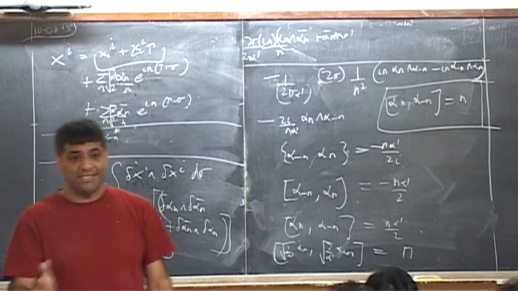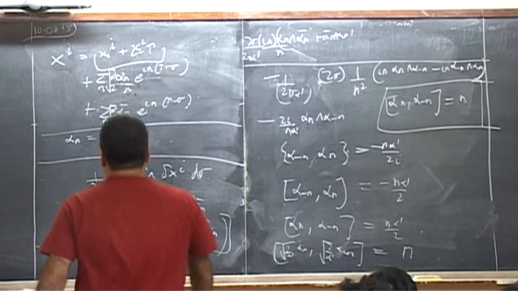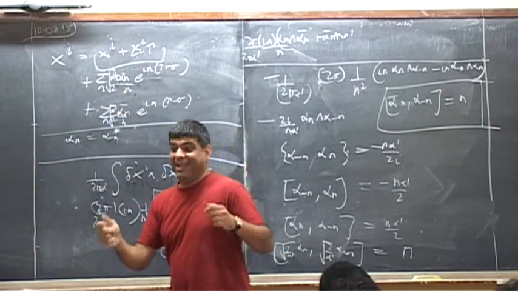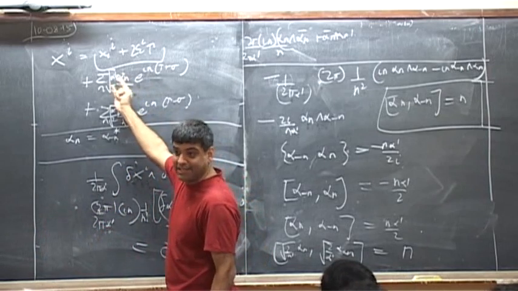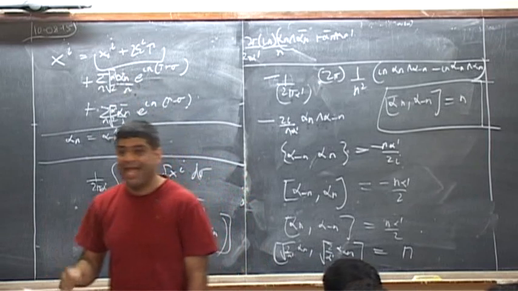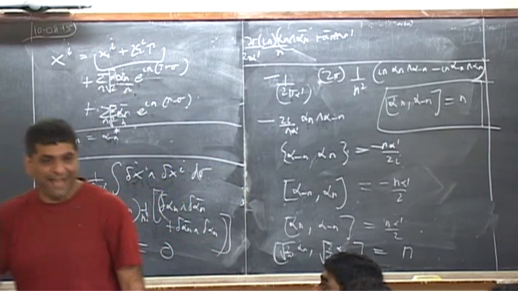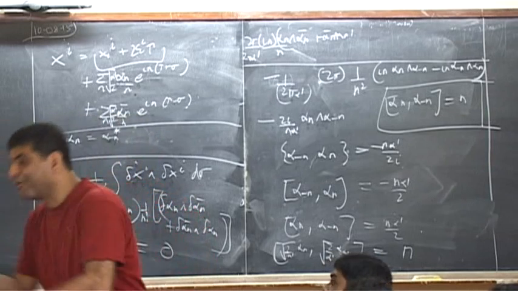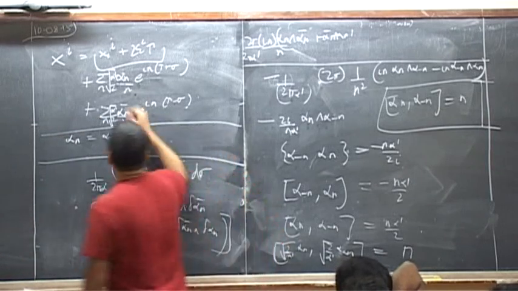Why is that? The reason is the same as pointed out earlier, the actual factor of n here. With our definitions, because of the reality condition, alpha n and alpha minus n would not be complex conjugates of each other, but negative complex conjugates because of this factor of n.